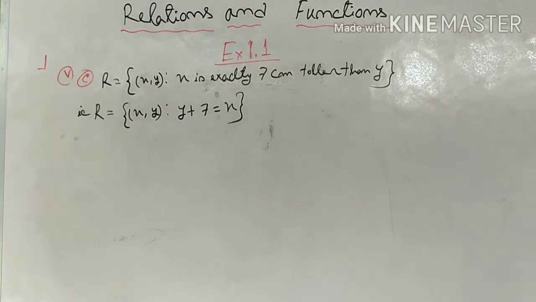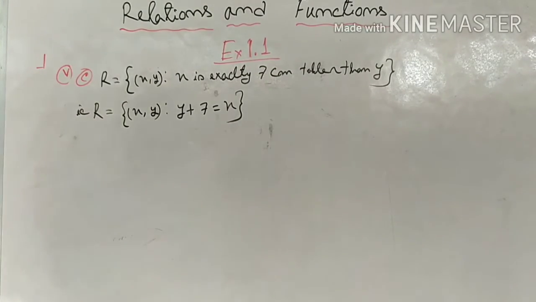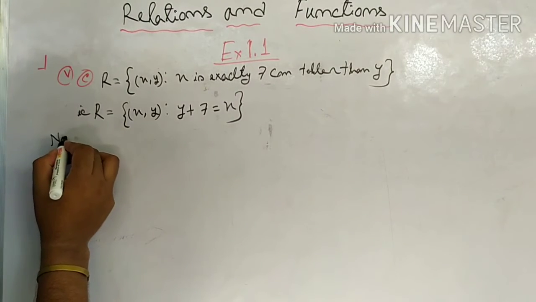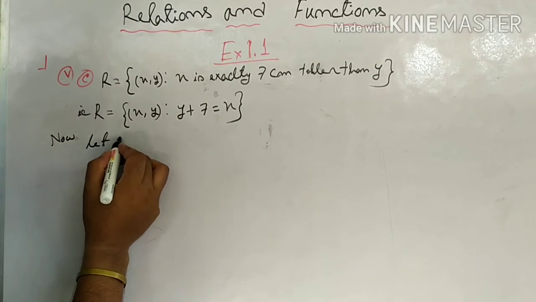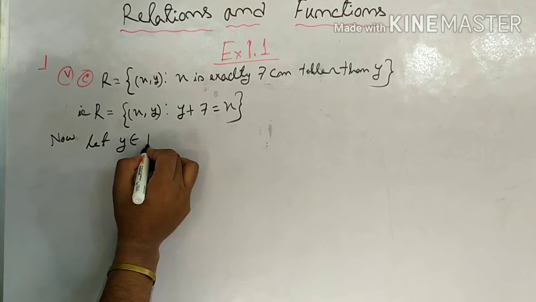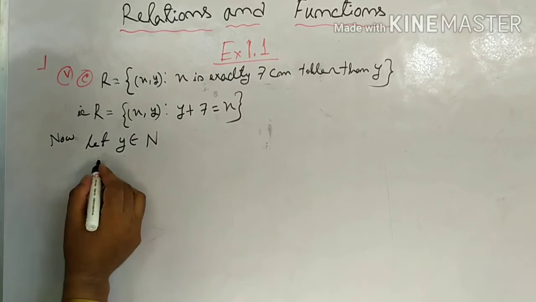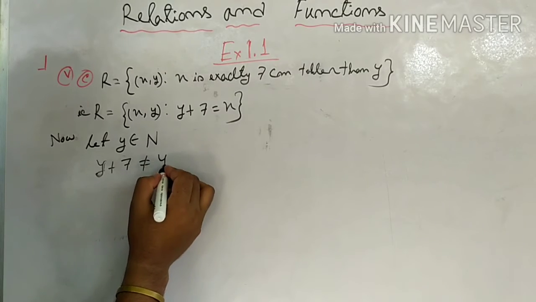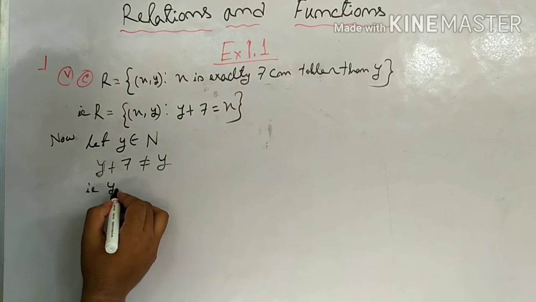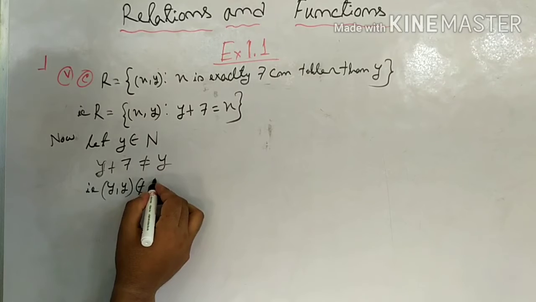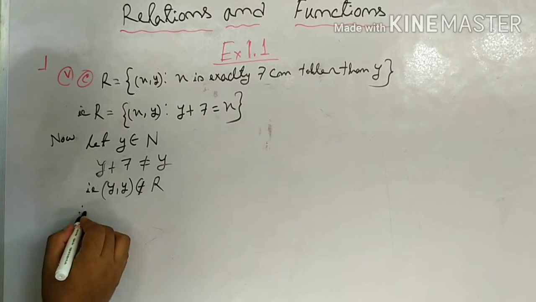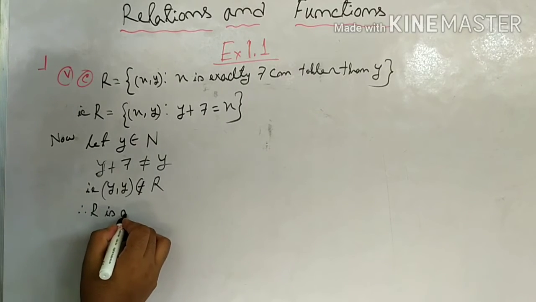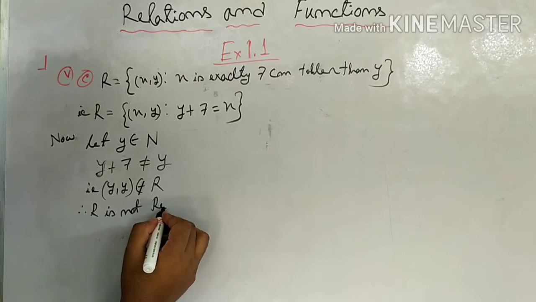Therefore what we get? Now let y belong to N. Here y plus 7 is not equal to y, so (y, y) does not belong to R. Therefore R is not reflexive.